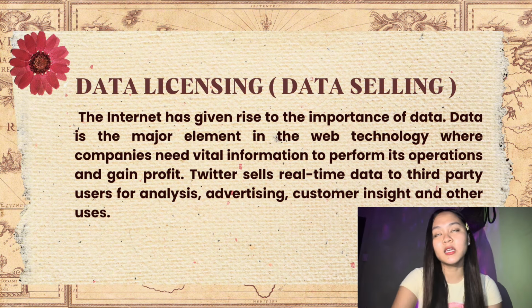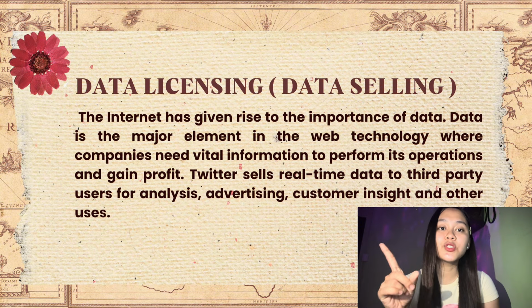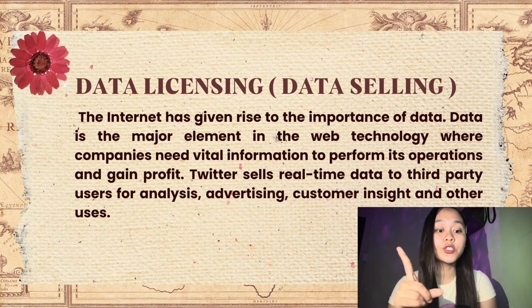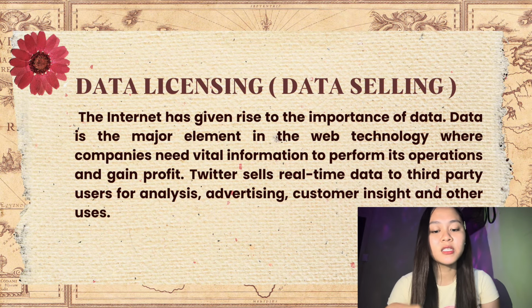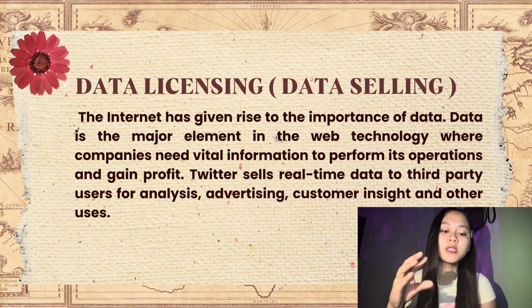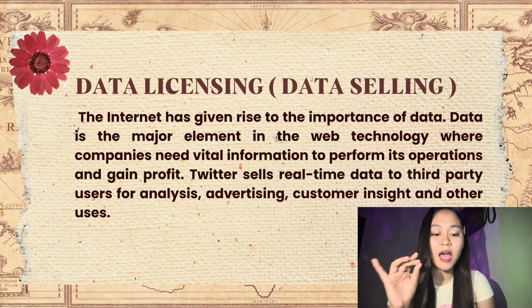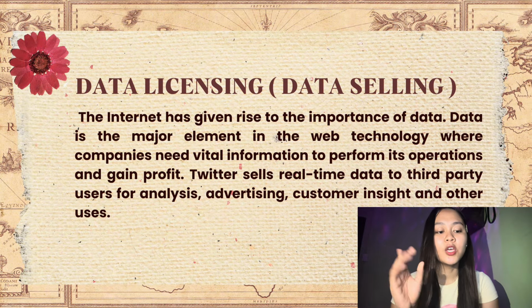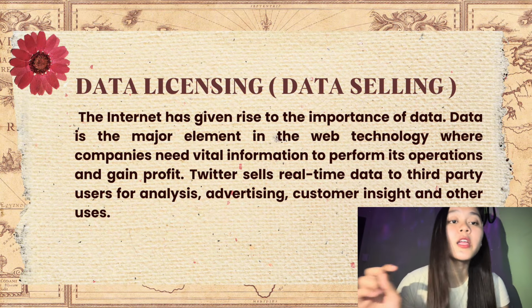So in today's digital world, data is very valuable. Companies use data to understand customers' behavior, market trends, and performance. Instead of charging users directly, some platforms earn money by giving other businesses access to their data. Usually it is aggregated.